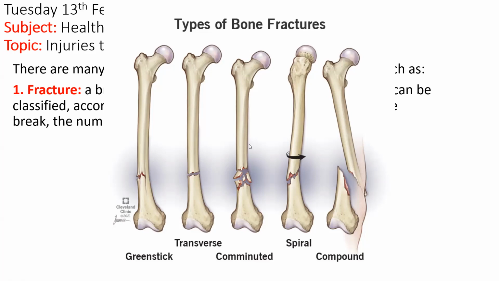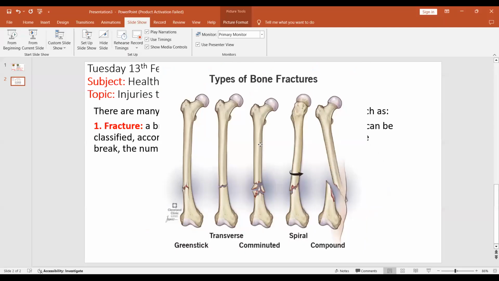It looks like a little crack, but the other ones look very painful. I prefer the green stick fracture, because I heard in some cases, once you get a compound fracture, you may not be able to walk again. And that's when they start putting things inside of you.